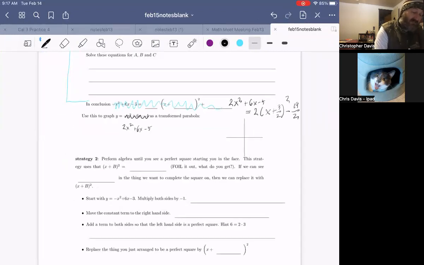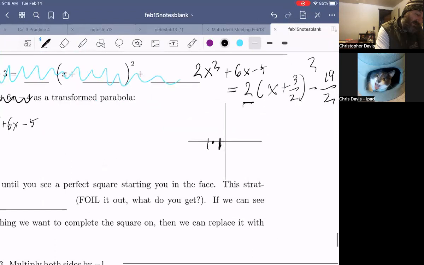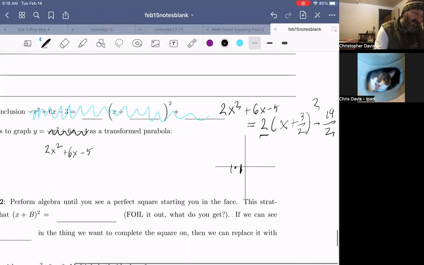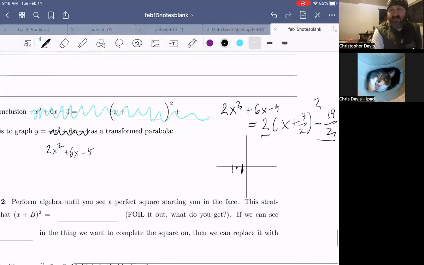And let's do that. Let's graph this thing. So it looks like first it will get stretched vertically by a factor of 2, but it'll still look like a degree 2 polynomial. It'll still look like a quadratic. We will then go left by 3/2, also known as 1.5. We will then go down by 19/2, also known as negative 9.5.